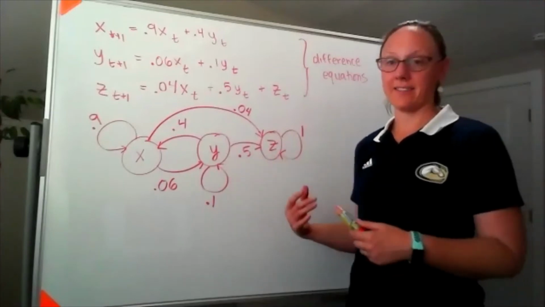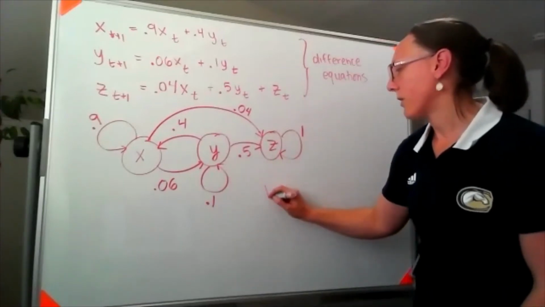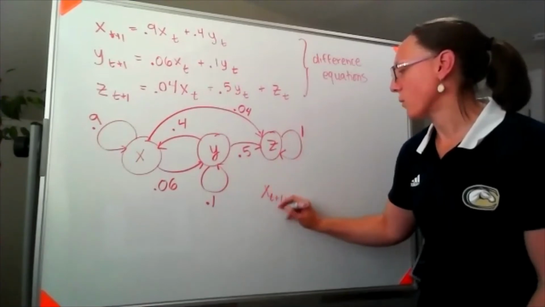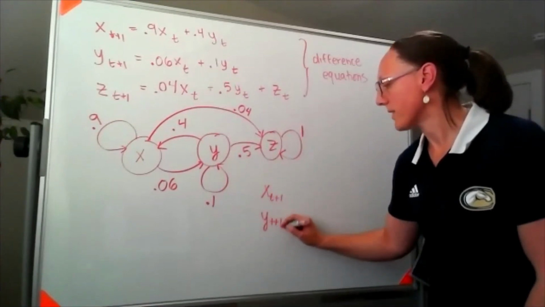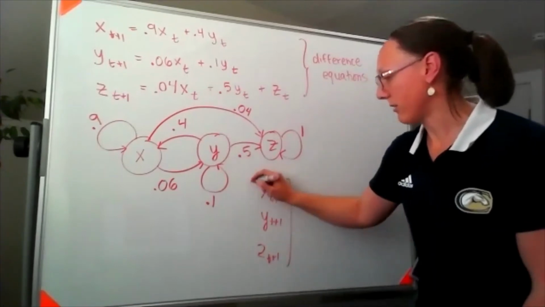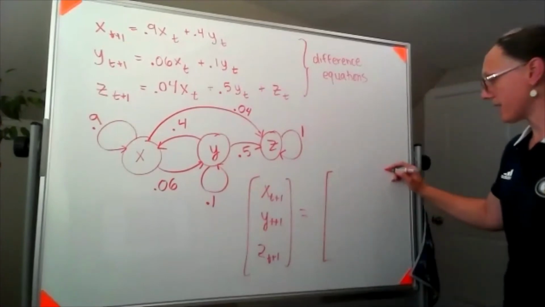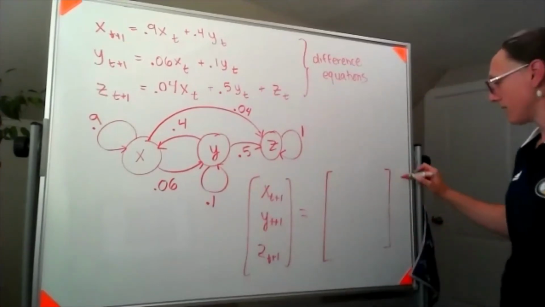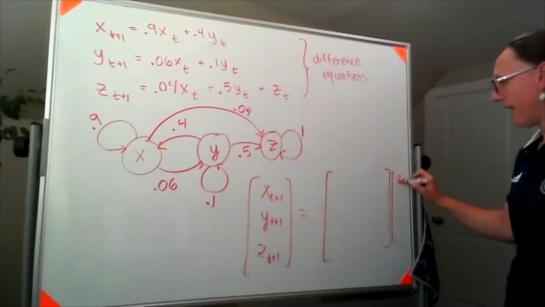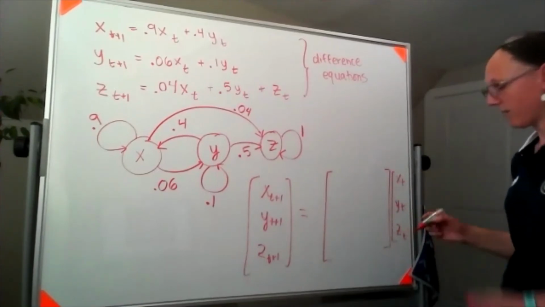Now I need to set this up as a matrix. So as a matrix equation, I'm going to write my x sub t plus 1, y sub t plus 1, z sub t plus 1 vector is equal to, and now I need a matrix, times x sub t, y sub t, z sub t.